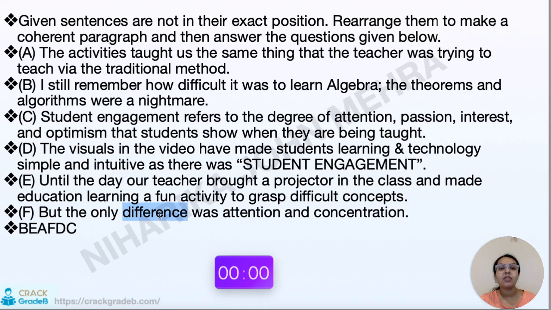See, a difference doesn't mean the difference has to be a negative one only. Difference is something that we don't expect in a regular routine. That is what is explained in D and C, and the answer is B, A, F, D.